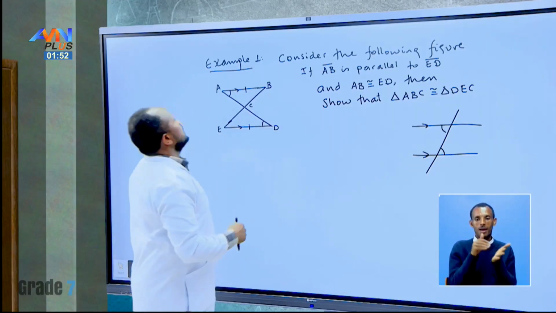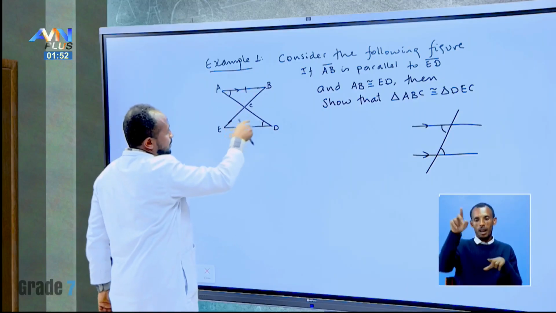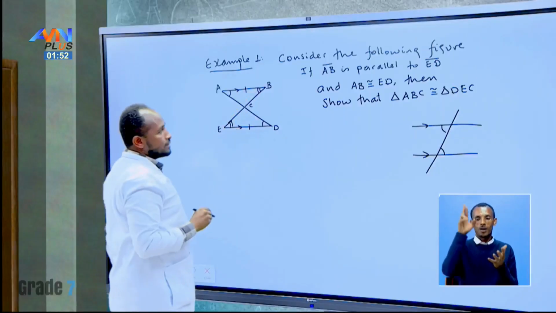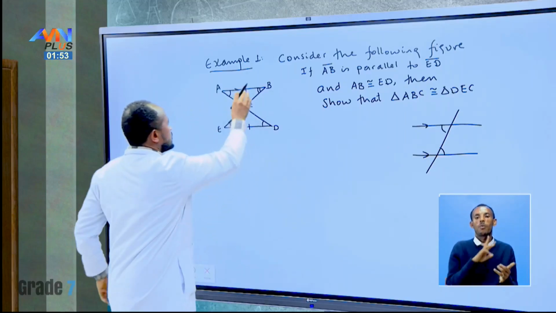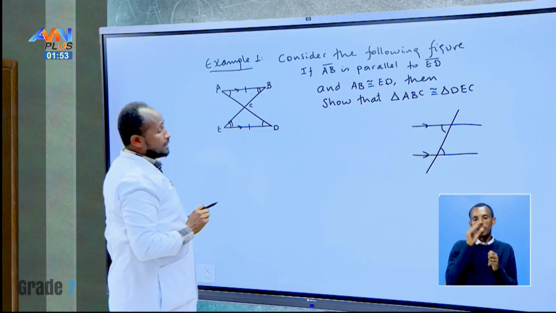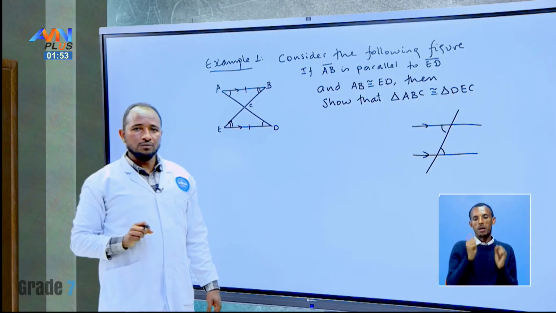Again, considering this as a transversal and these two lines are parallel, this angle and this one are alternate interior angles. They are congruent. So now we have three parts for the upper triangle and three parts for the lower triangle, so we can test whether these two triangles are congruent or not.